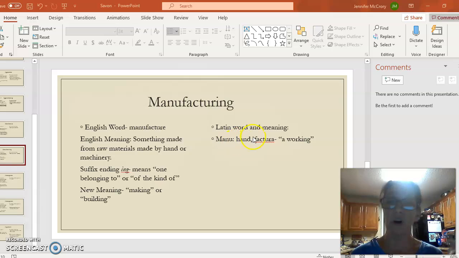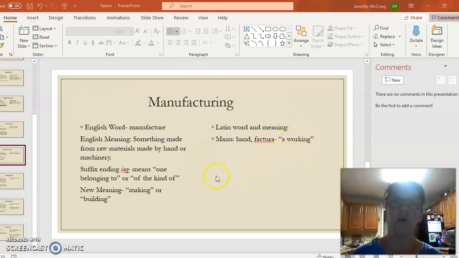Manu is still going to mean hand, but instead of having factum, because of the suffix ing that you see here, remember those suffixes can change the meaning of a word. And we've talked and worked with that before. So it's going to change this Latin root as well. And it's going to change it to factura, which is going to now have a meaning of a working.